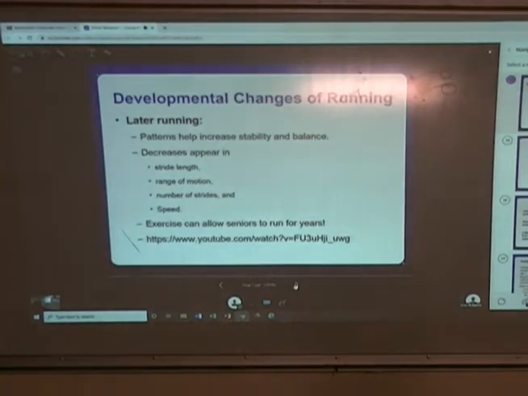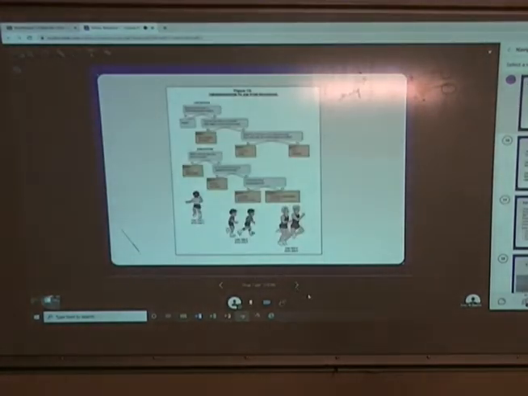All right. So let's have a look at this assessment tool that they use in our textbook.